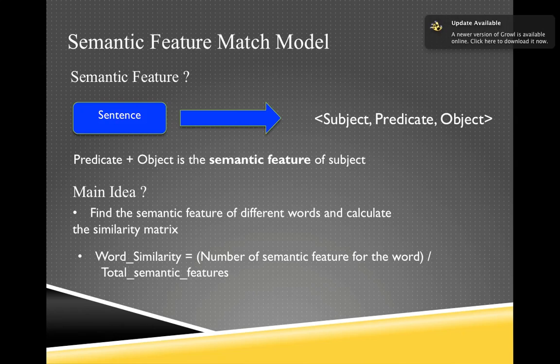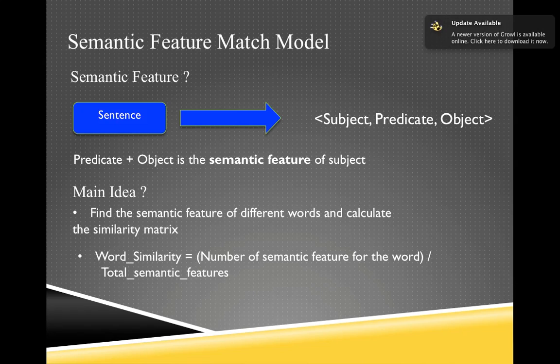In this case, the main idea here is to find the semantic feature of different words and calculate the similarity matrix. So how does it mean? It means that, for example, for one plain text, you divide each sentence, and then you make a simplification of each sentence as the tuple here.